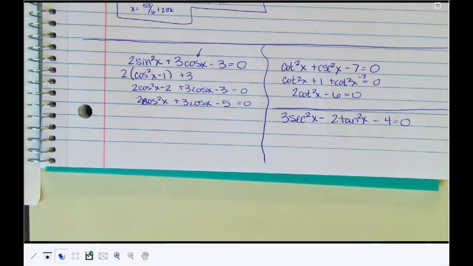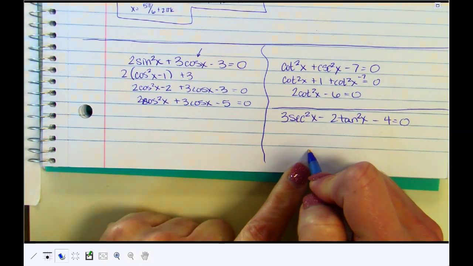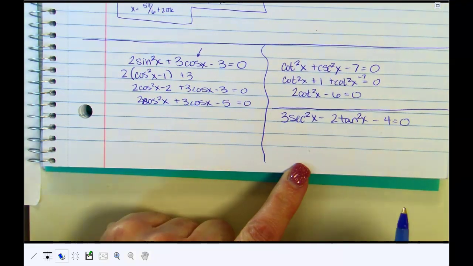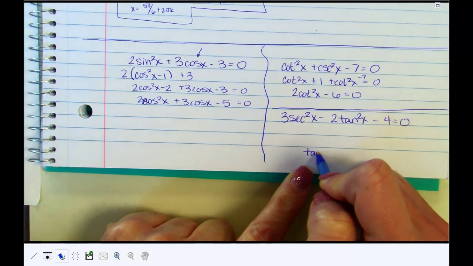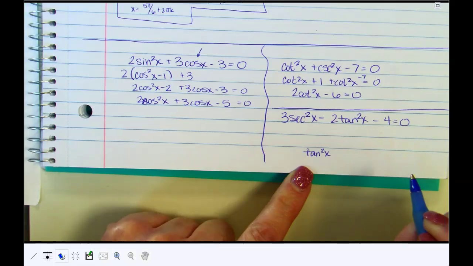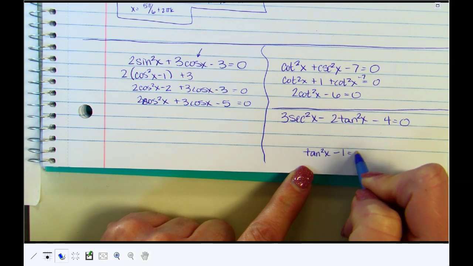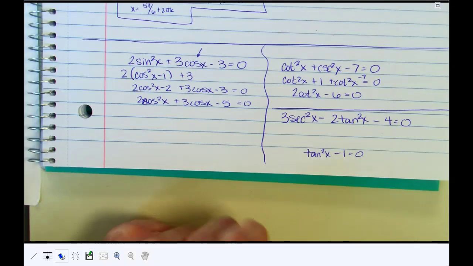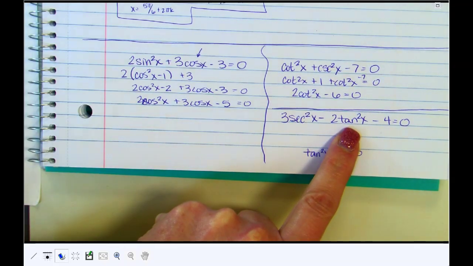Okay, what do you get for the final simplified bit? Yep. -1, I think. Okay, I substitute. You also could do this with secant, and you're going to have something a little bit different.